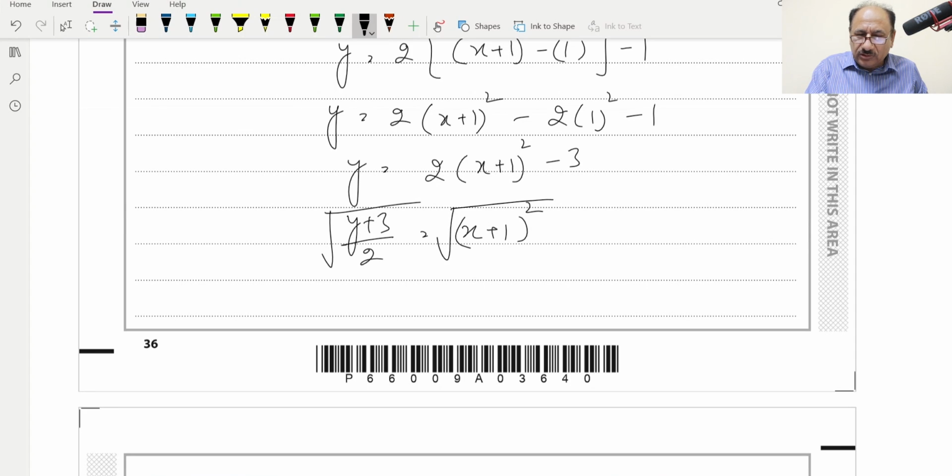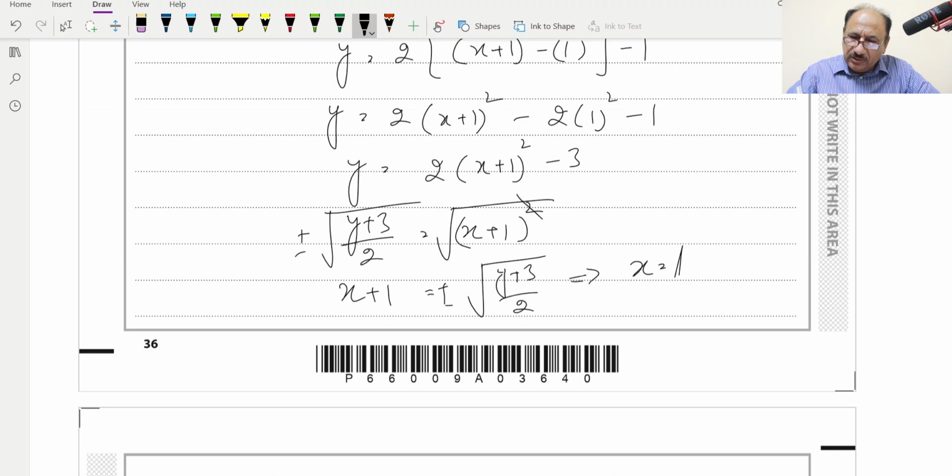and we can take square root on both sides. So the square is cancelled, and this will be x plus 1. x plus 1 is equal to square root of (y plus 3) over 2, and we can take plus minus sign with this, and 1 we can shift to the other side. So this implies x is equal to minus 1 plus or minus the square root of (y plus 3) over 2.